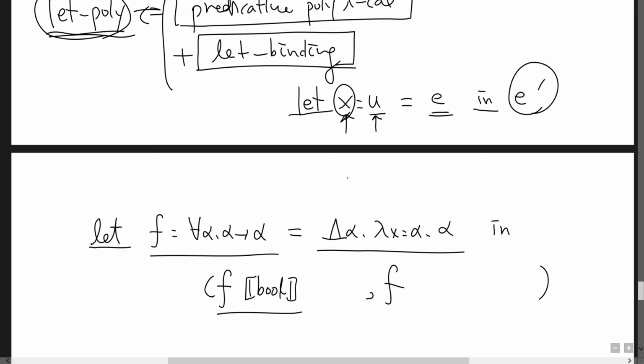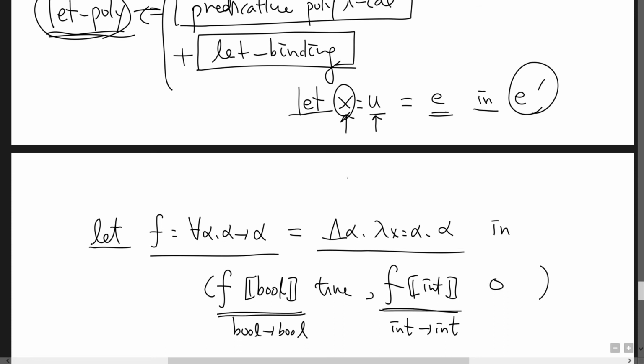Now this has type bool arrow bool. And second, we apply it to integer type, assuming that we have integer type. It has type integer arrow integer. And then we can apply, for example, this one to the Boolean constant true, and this one to integer 0.